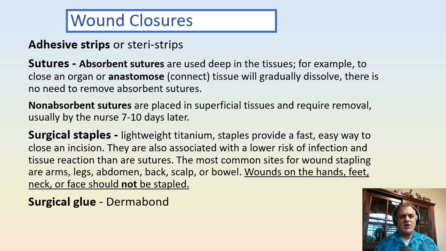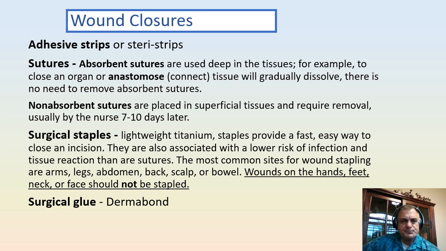They say the scalp, but that picture of the scalp staple, that's the first time I've ever seen it. I usually see suture in the scalp, so it leaves a nicer wound line, and the hair grows together a little nicer when it's a suture versus staple, by the way.